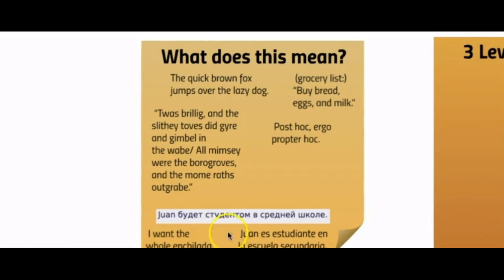So you shouldn't be expected to know brillig or tove or gyre and gimble, but you do know that a tove is something because it's slithy, and you know slithy is a way to describe it, and you know gyre and gimble are verbs. You know enough about your language to know those things, even though you can pronounce the words, but you don't know what they mean.